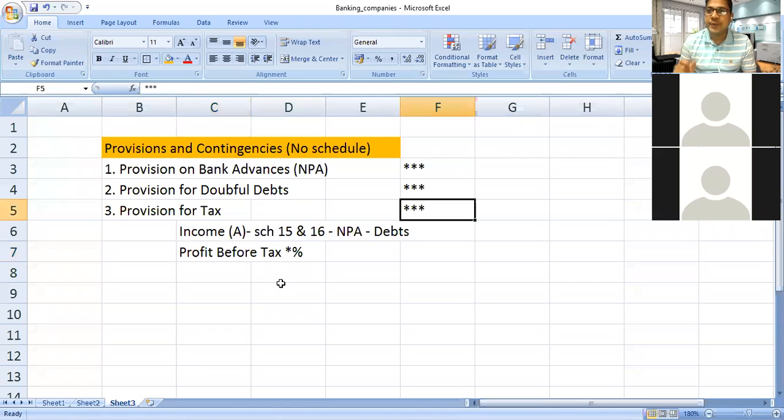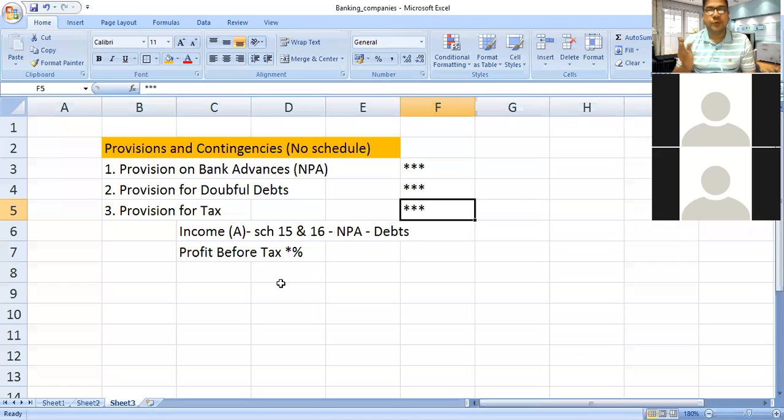But how will we get the profit before tax? Total of the income minus schedule 15, schedule 16, and then we deduct the provision and contingencies items: bank advances provision and doubtful debts provision.